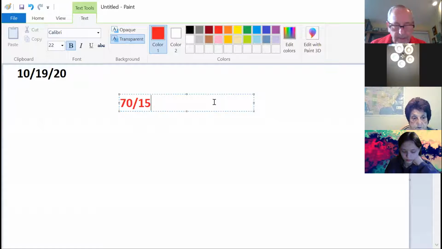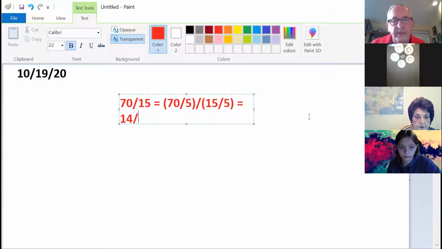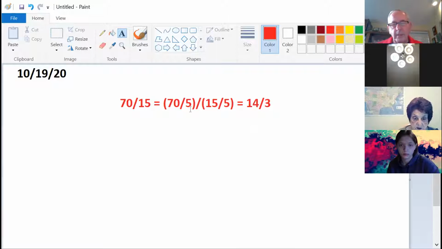I can take that 70 and divide by 5. I can also take that 15 and divide by 5. Well, what's 70 divided by 5? It's 14, right? And what's 15 divided by 5? 3, right? Well, isn't that the answer? Yep, that is. So that's all you've got to do.